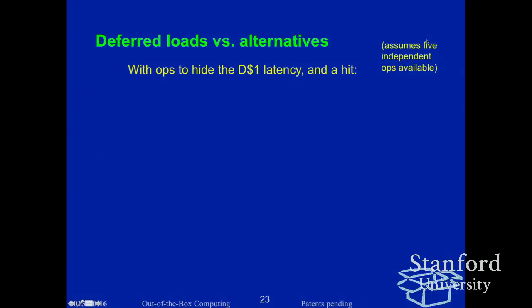So much for the case where we don't have anything else to do. Now, assume that there are enough operations to hide the D1 latency, and in fact that we hit in the D1. This example will assume that there are 5 independent operations available. The static case can only see 2 of them because the static will always have a latency of 3. But there are 5 operations, so it will schedule the load followed by 5 operations.